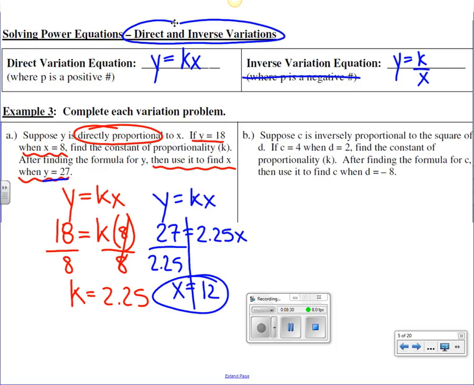All right, B. Suppose C is inversely proportional to the square of D. If C equals 4 when D equals 2, find the constant of proportionality, K. After finding the formula for C, then use it to find C when D equals -8. So the keyword is inversely proportional. So you're using y equals K over x.